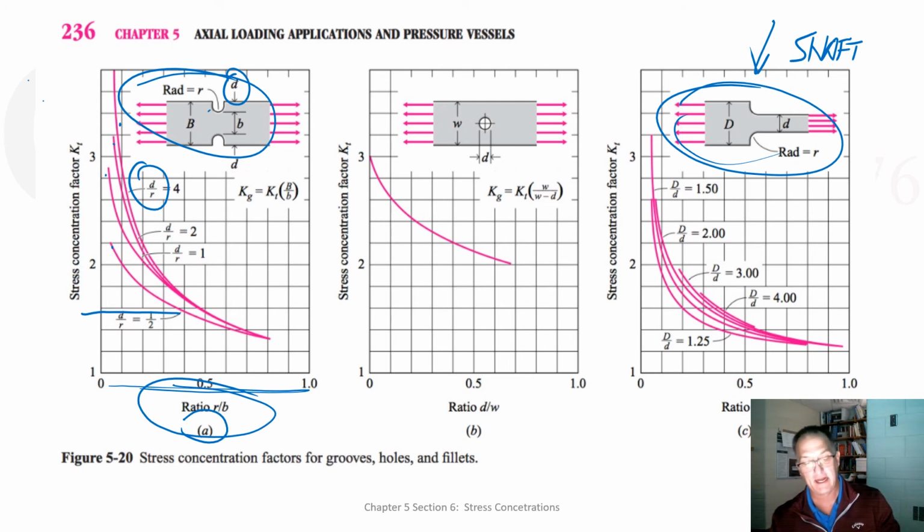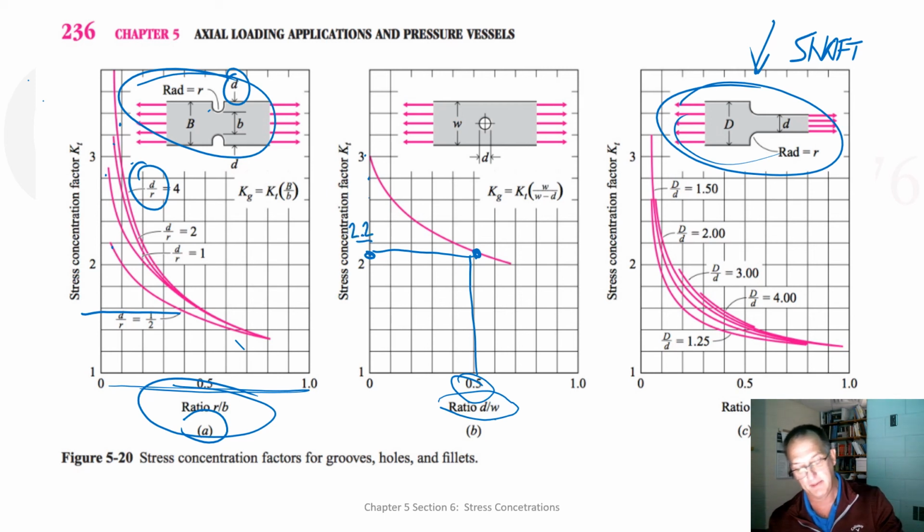If I've got a hole that is half the width of my plate, that is, diameter is half of the width, so that I get half. Boom, I go up, cross, and I get some ratio, and I've got to count, this is 1, 2, 3, 4, 5. So this is 2.2 with the blue line.